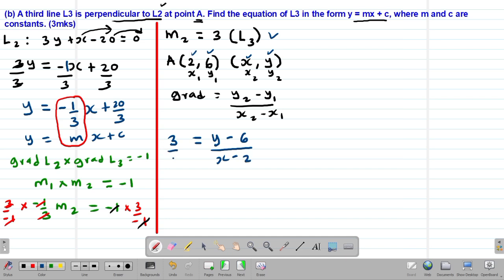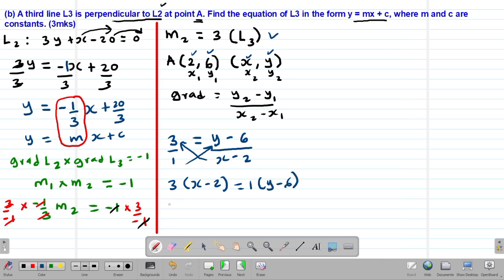I'll make these a fraction so that I can easily cross multiply, so I'll end up with 3 into bracket x minus 2 being equal to 1 into bracket y minus 6.